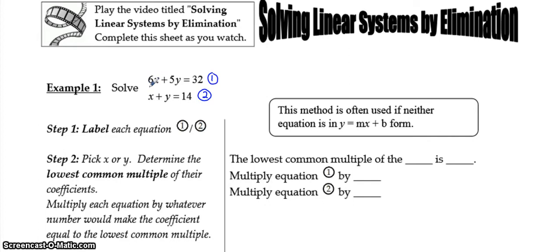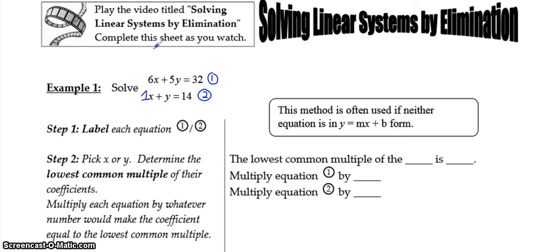So the coefficient of the x term is 6, and the coefficient of this x term is 1. What we want to do is to make those two coefficients exactly the same. The way you do that is to determine the lowest common multiple of their coefficients.